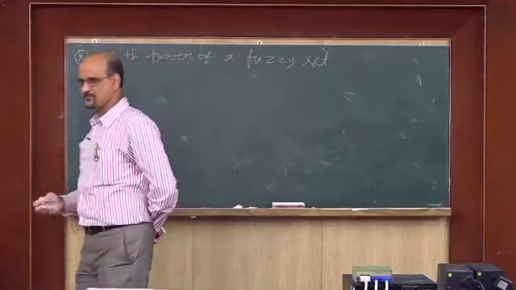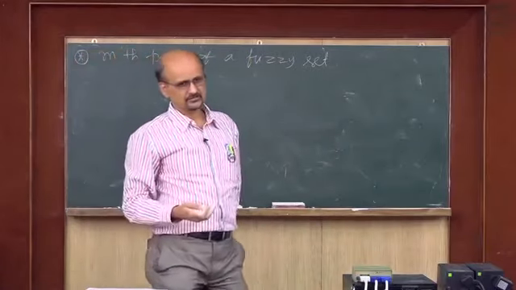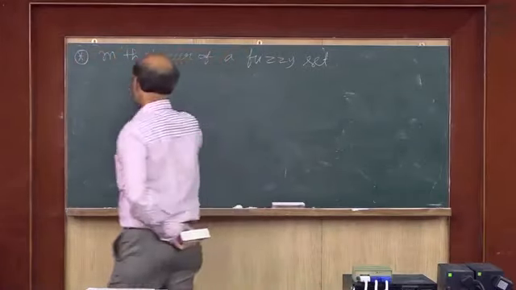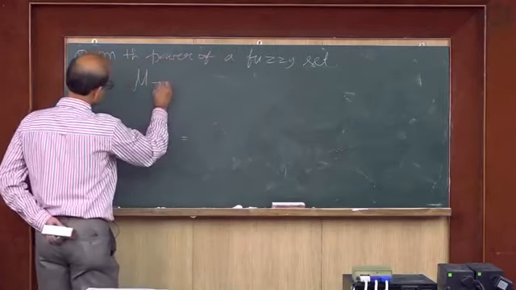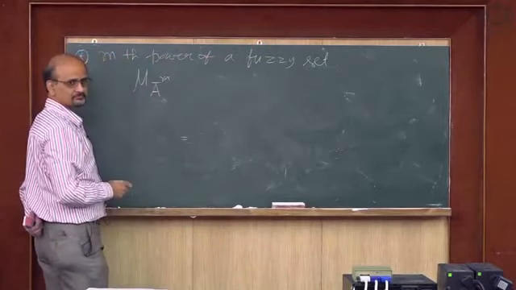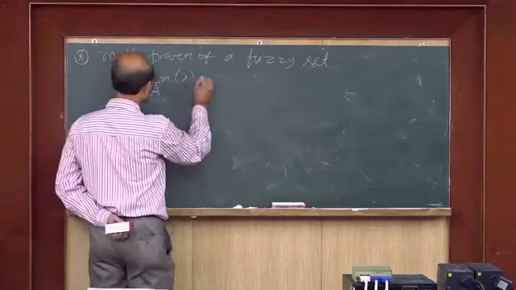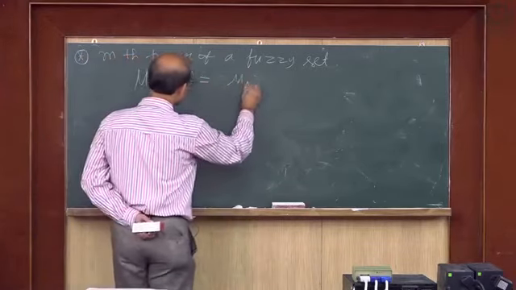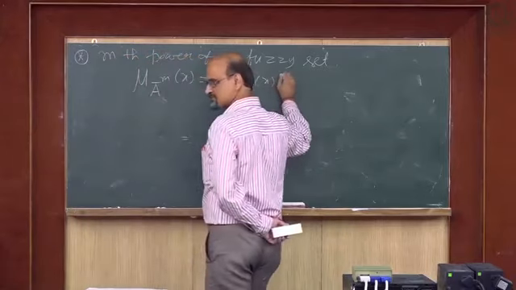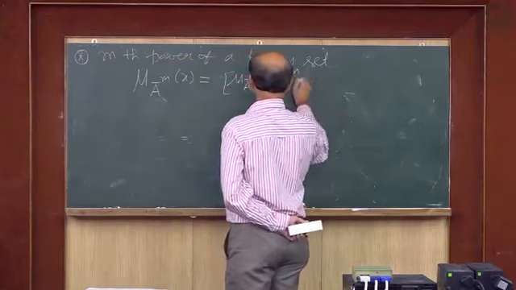So here we define mth power of a fuzzy set. The membership function we write as mu a bar whole to the power m, mth power x, is equal to nothing but whatever membership function is there, that is whole to the power m.